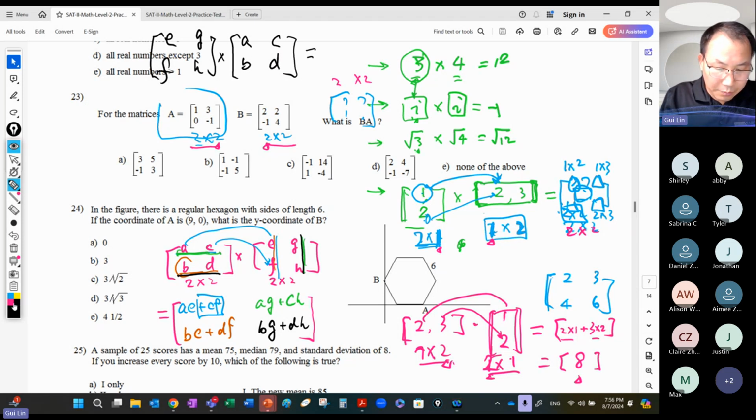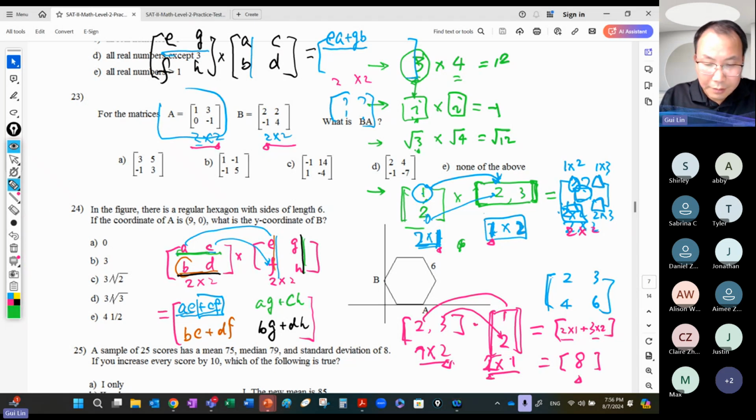The first one will be EA. This line to this line, so EA plus GB. You can see it is totally different. Here's AE plus CF, here became EA plus GB.